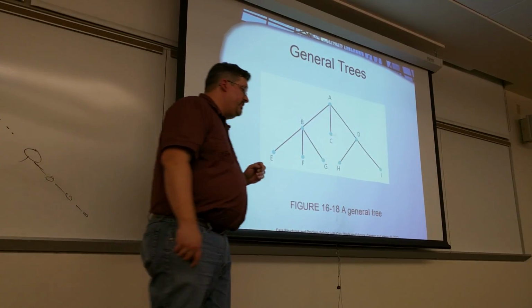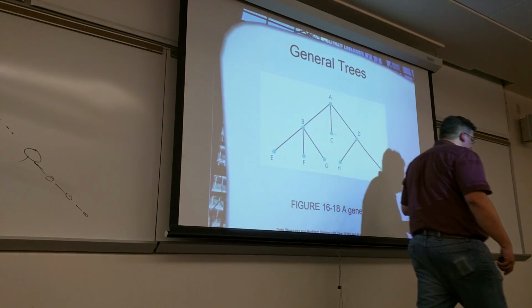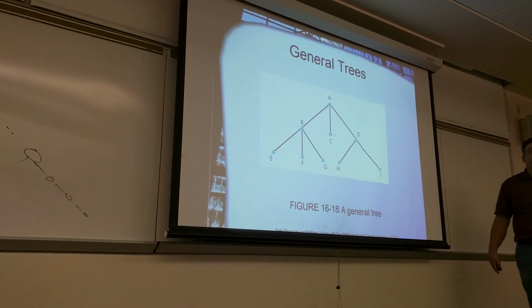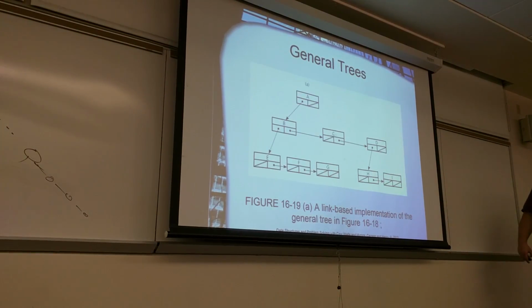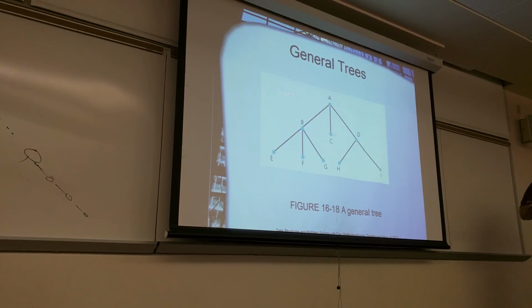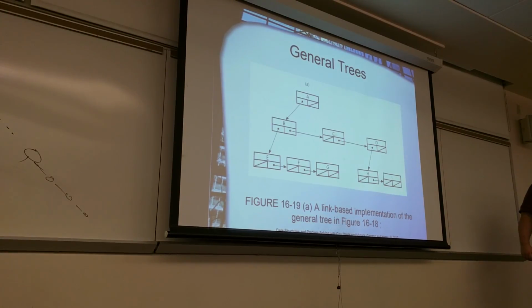So there are different ways to implement this. One interesting way is with the binary tree. This is my tree, A, B, C, D, E, F, G, H, I. I can use a binary tree to implement this.